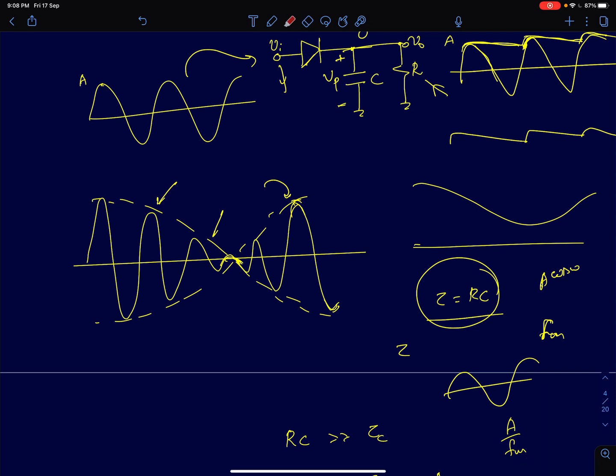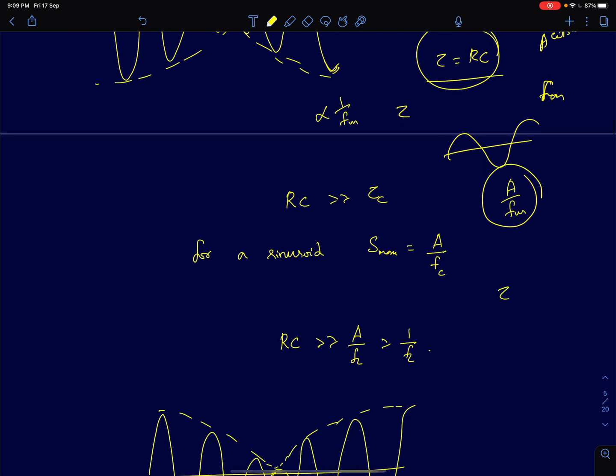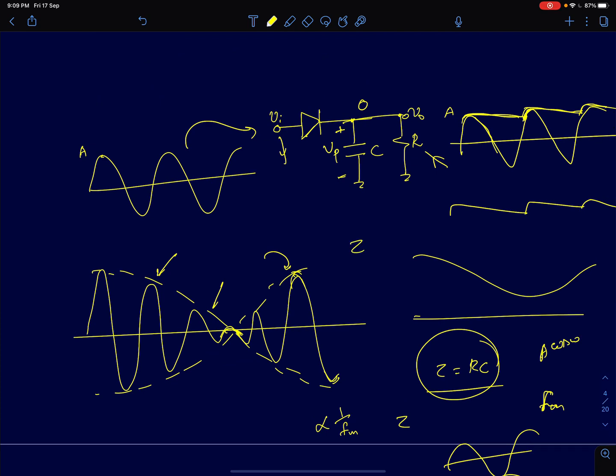One can easily show the maximum rate of change will be proportional to 1 by fm, it can be 2 pi fm, A by omega c and all that. So that's what I'm trying to get at here. The maximum rate at which the amplitude changes will be proportional to 1 by fm. Therefore the time constant of your RC, because we want to track the message, should be lower than 1 by fm. So this is a condition that you'll have to meet.